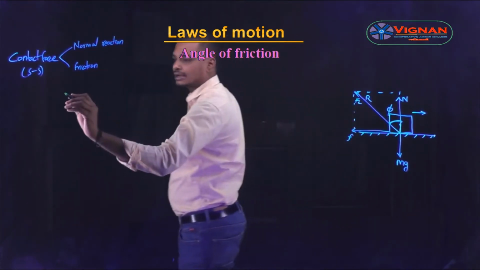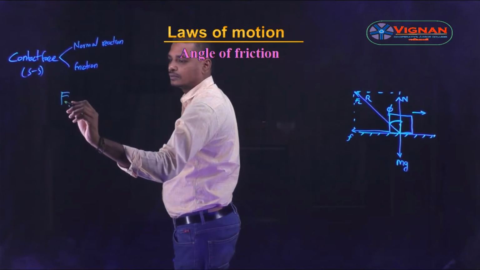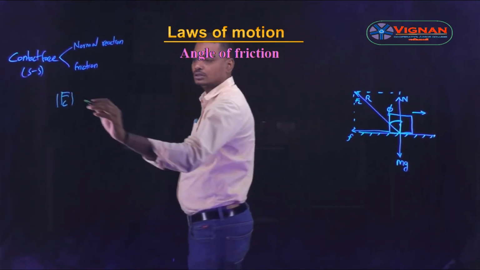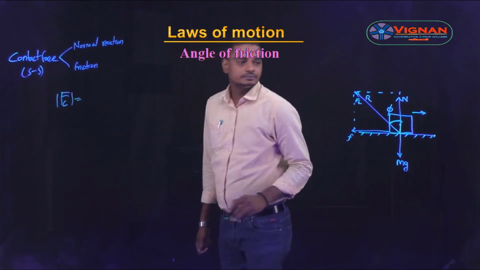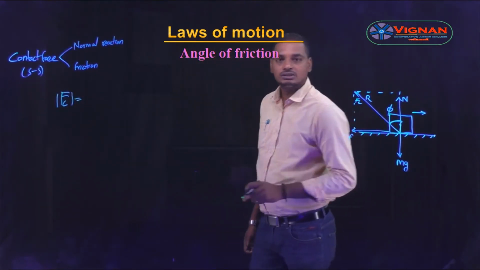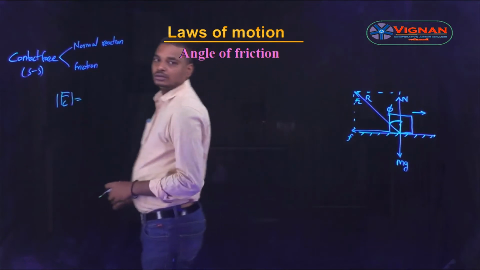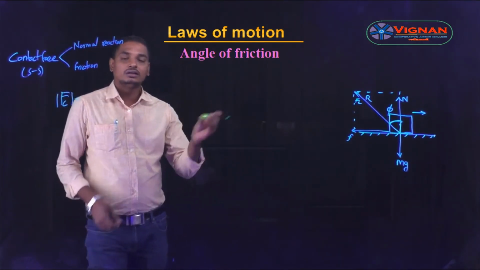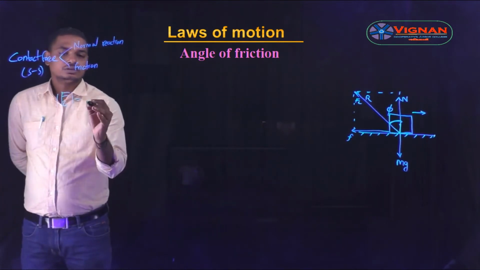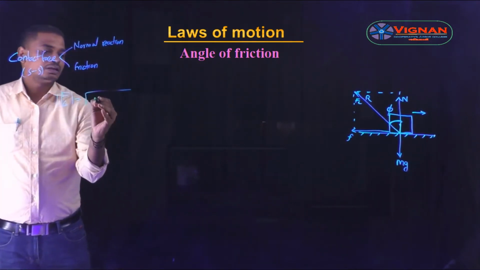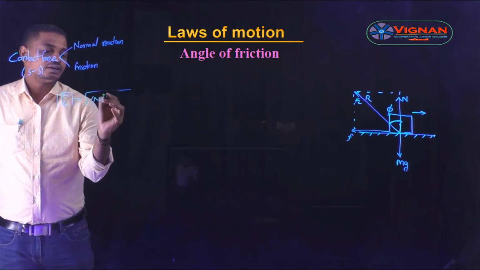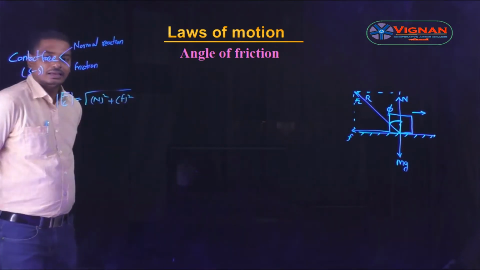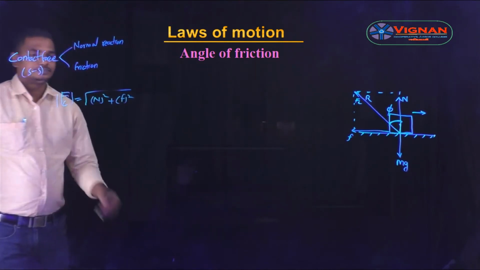The magnitude of the net contact force, as both forces are perpendicular to each other, we know that the resultant of two forces is under root p square plus q square plus 2pq cos theta. So that is root over normal reaction N square plus frictional force f square.